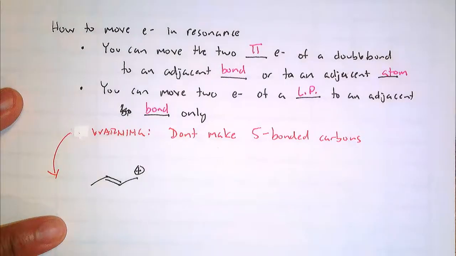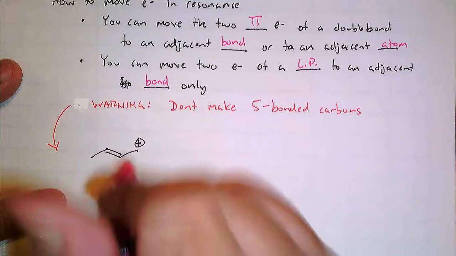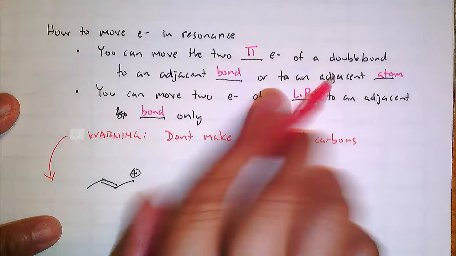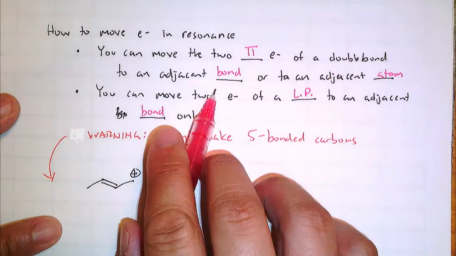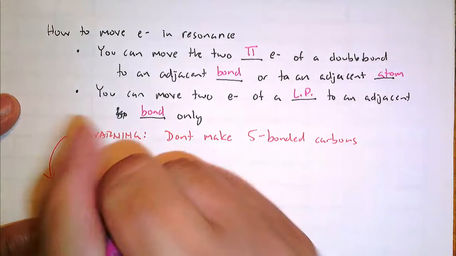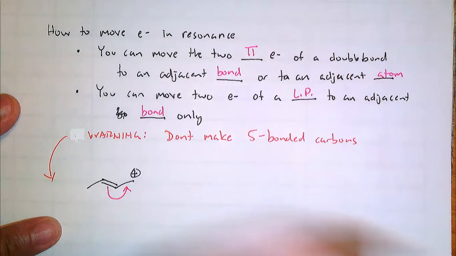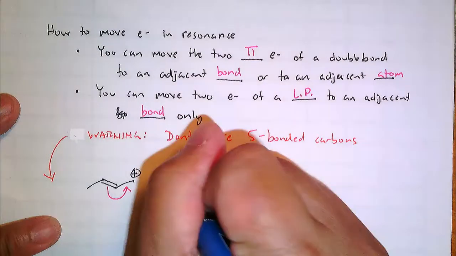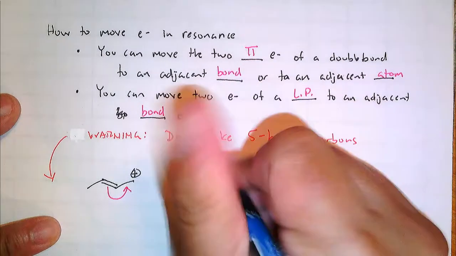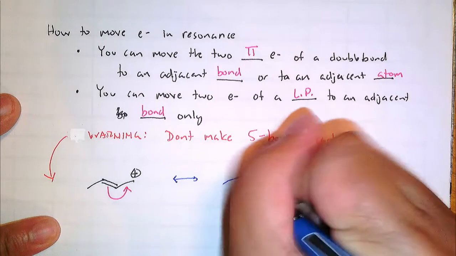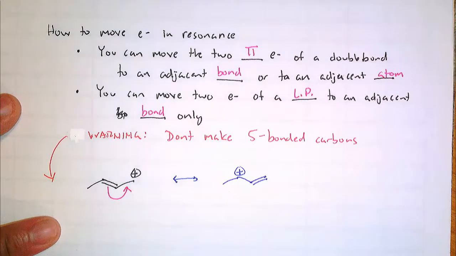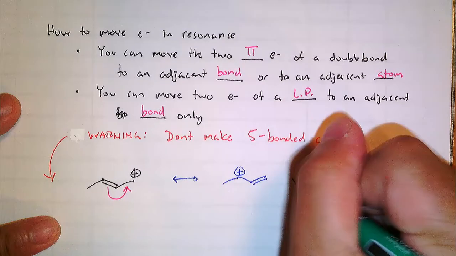Okay. Let's use our rule: a pi bond to an adjacent bond or to an adjacent atom. So this is good, right? This is what we actually did above in this paper. And I'm going to call this valid.